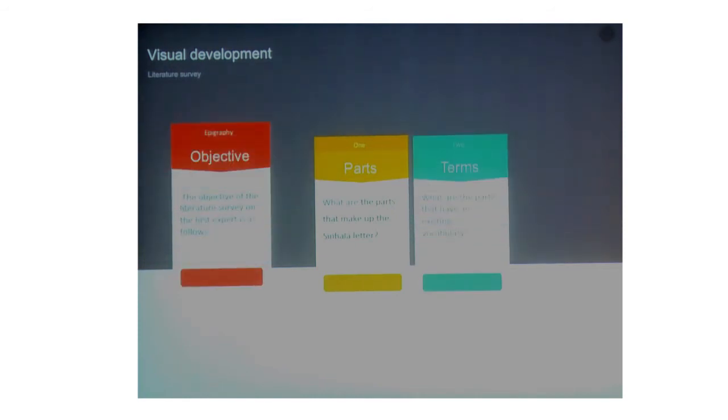So with the first expert and the literature study, I had two objectives. One is to figure out how the letter has evolved. Number two is to figure out the terminology used by him. I cannot actually compare the terminology because this is a newer version of the book, so the editors have put in new terms.